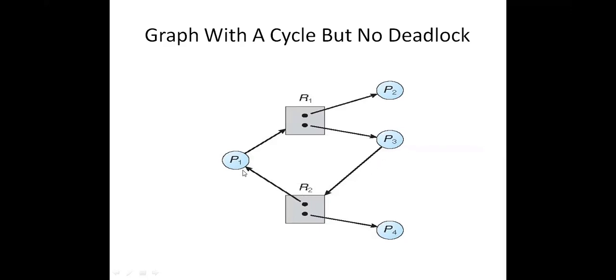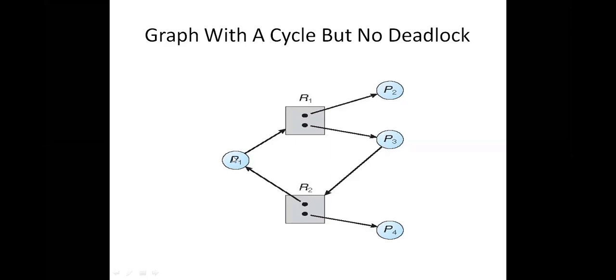Okay. Why? Because R1 might be released. Here P3 is a waiting process and P1 is also a waiting process. So P1 is waiting for which resource? R1. R1 was allocated to P3 as well as P2. So P3 is a waiting process, but P2 is not a waiting process. Why is P3 called a waiting process? Because now R1 is held by P3 and it is waiting for R2, right?